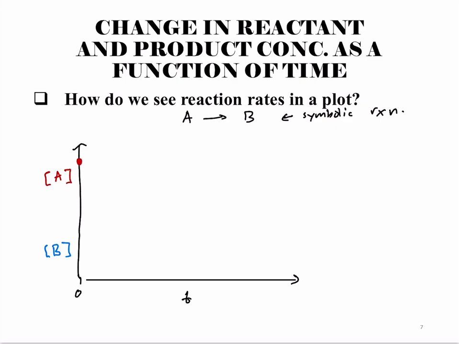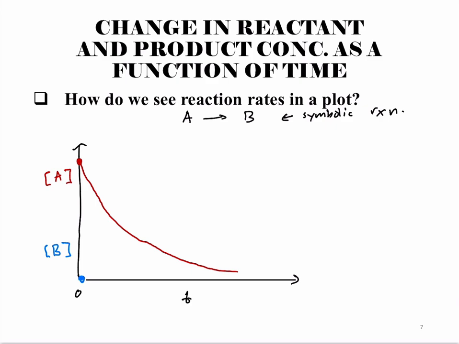We start all the way up here. And let's say we start with 0 B, so B is going to be all the way at 0 down here. As the reaction proceeds, and it's only going in one direction, what should happen to the concentration of A? It decreases, right? We don't know exactly how it's going to decrease. We're going to talk more about that later, but it should go down.